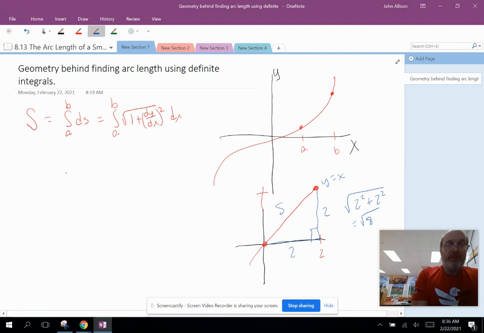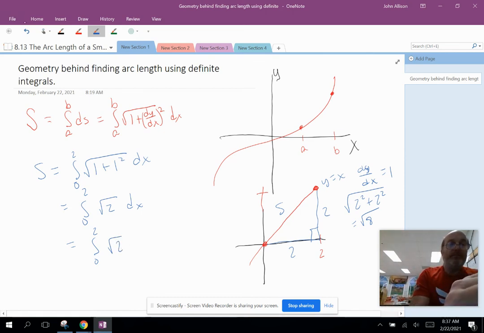We can say that S is equal to the integral from 0 to 2 of the square root of 1 plus, now dy dx for the line y equals x is just 1. So this is going to be 1 squared times dx, which is equal to the integral from 0 to 2 of the square root of 2 times dx.